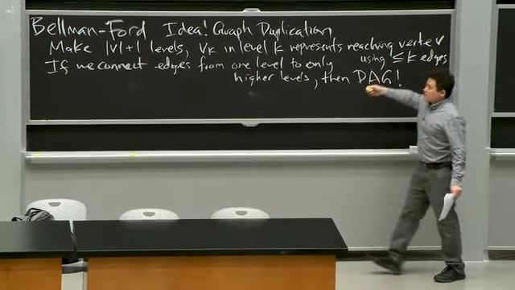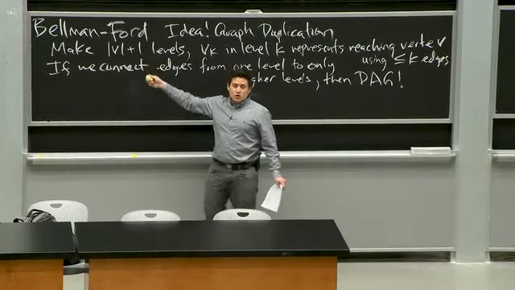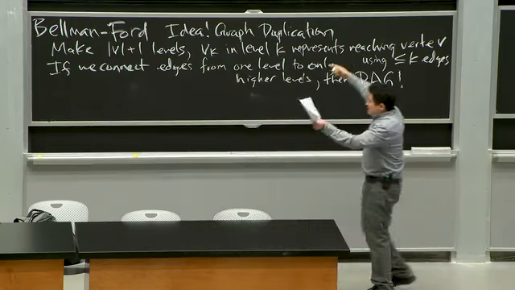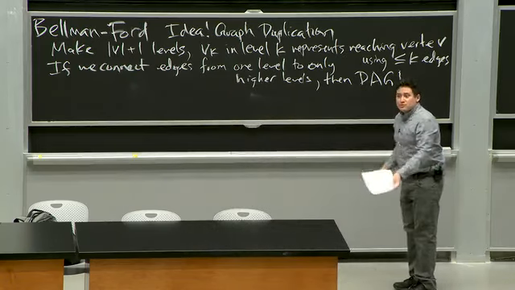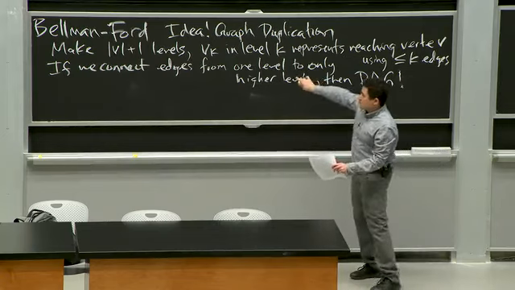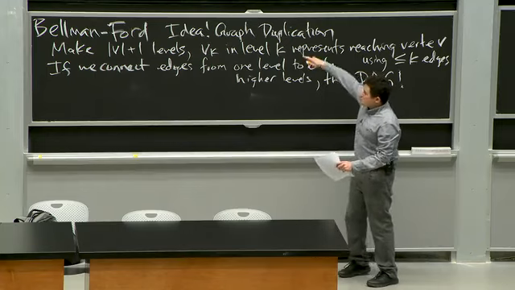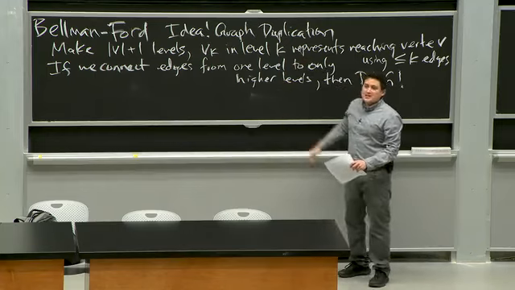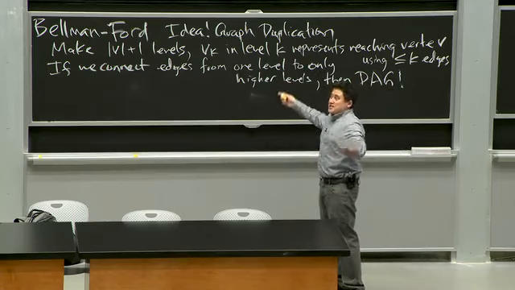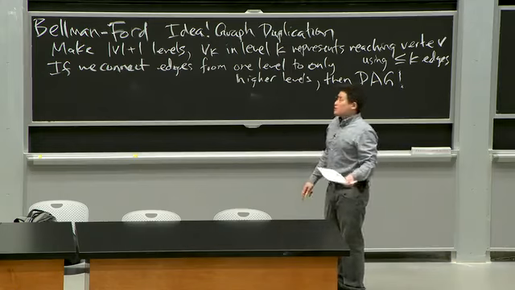Now this graph that we're going to construct is going to have V plus 1 levels, so our graph kind of explodes V times, right? We're going to do that in a second. I'm going to be more precise with what I mean there. But if we're multiplying our graph V plus 1 times, then the size of our graph is now V times larger. That's not so hard to believe.